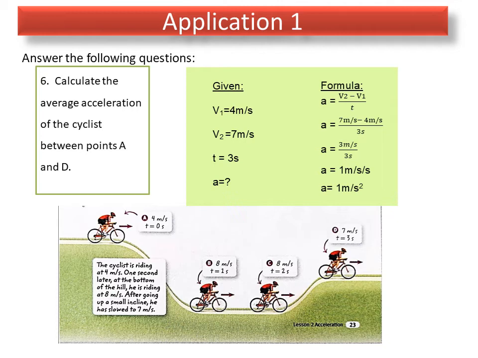We express it by meters per second squared. So this cyclist is changing his velocity each second by 1 meter per second. But don't forget, this is the average acceleration. In other words, the velocity was not changing exactly as 1 meter per second every second.